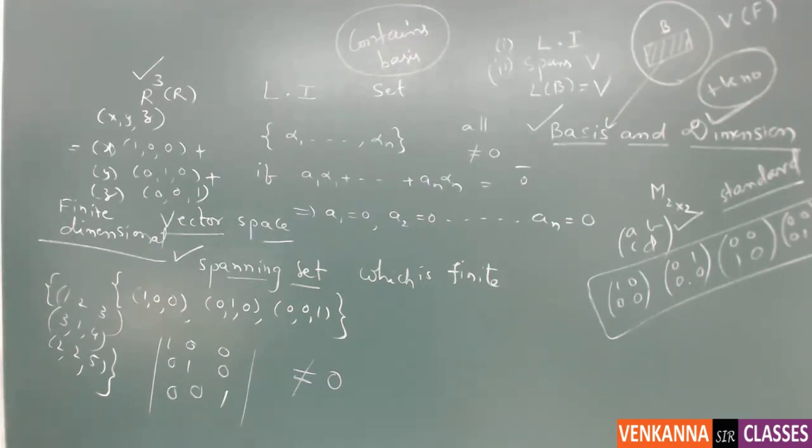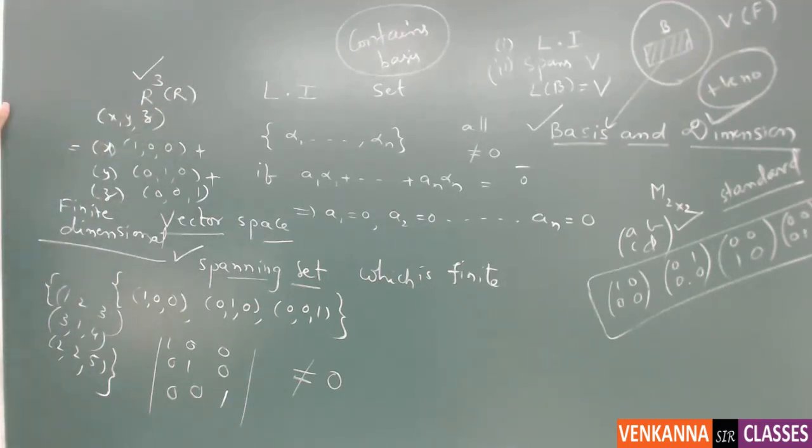Whatever basis you consider, here the vectors are different, there the vectors are different, but the number of elements in the set is the same. Here you have exactly 3 vectors, here you have exactly 3 vectors. So the number is fixed. It means that the dimension is fixed, bases may vary.